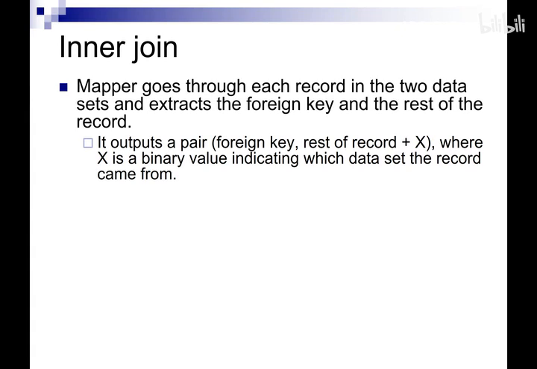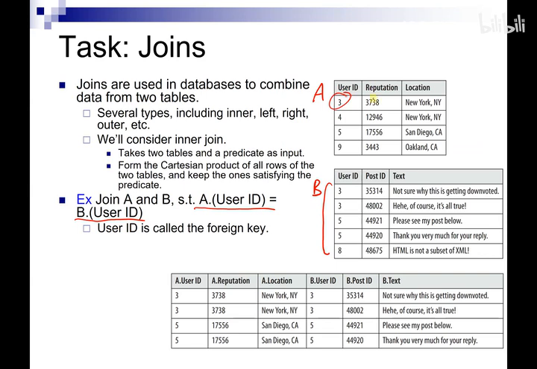So it's going to go through every record, every row in these two tables, and then it's going to extract the foreign key, the user ID, and also the rest of the information for that key. Likewise, in B, it's also going to extract the foreign key and then the other information.